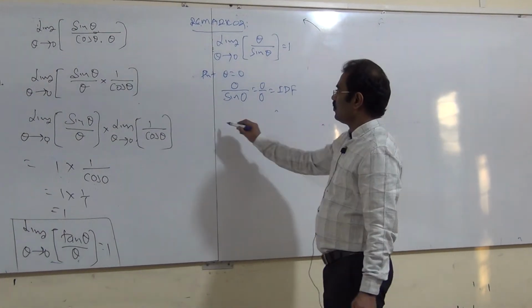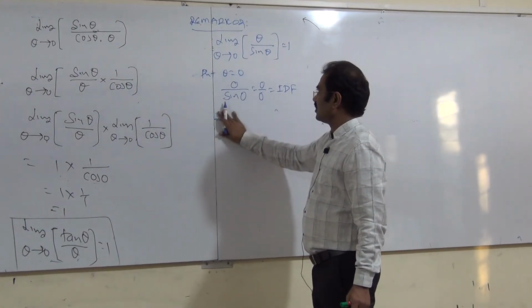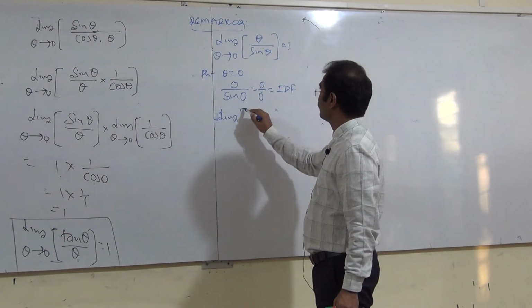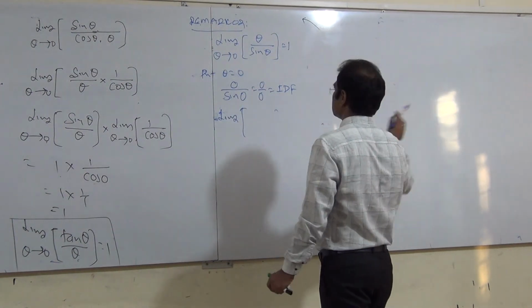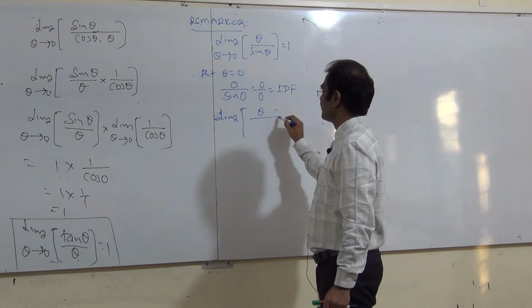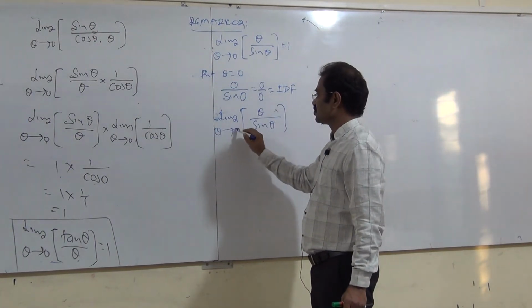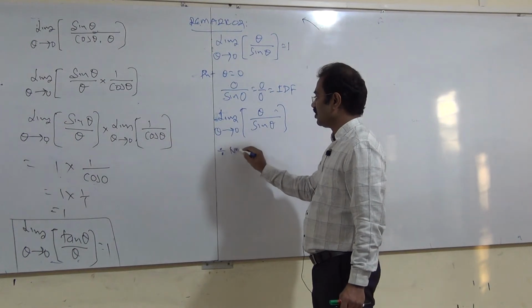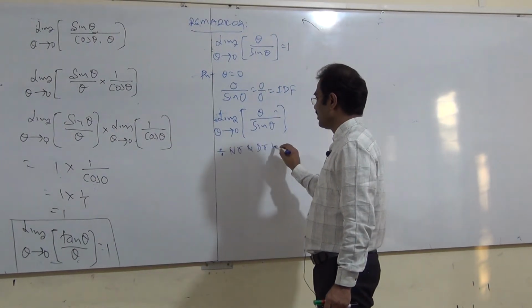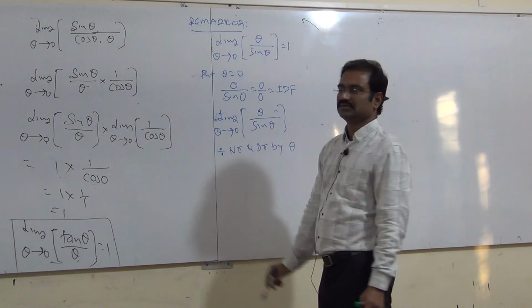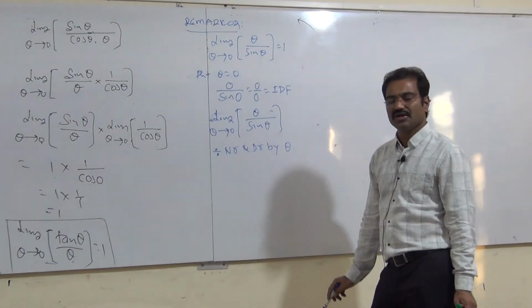Therefore what I do: limit of theta divided by sin theta as theta tends to 0, divide numerator and denominator by theta.